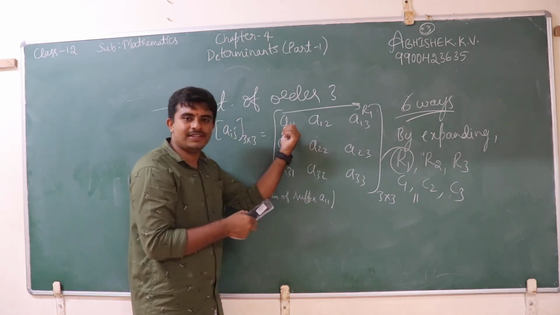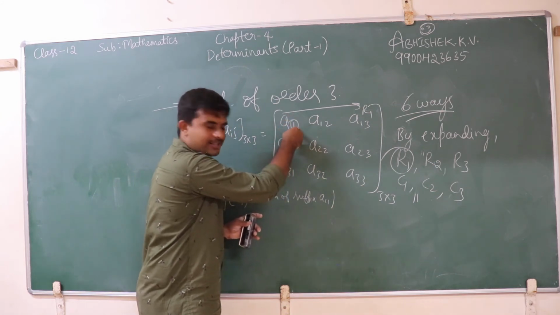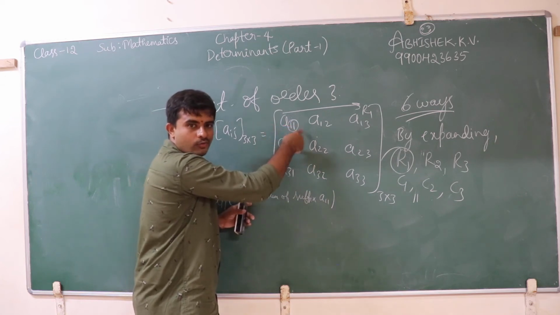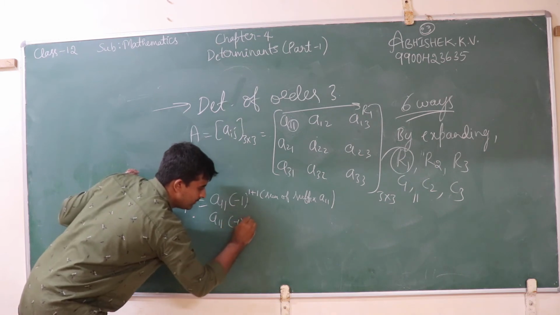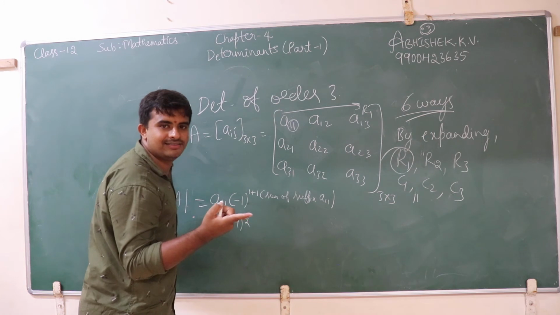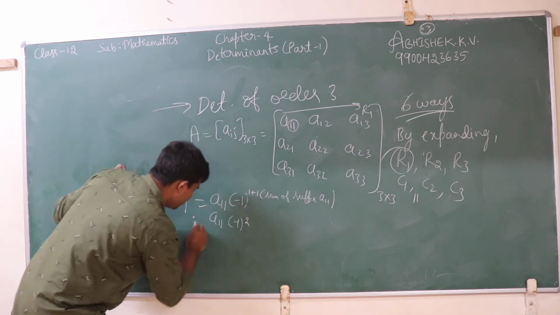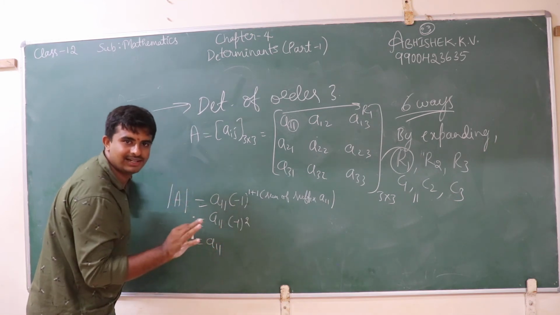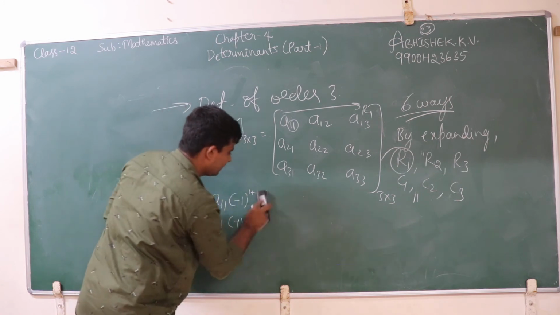What is the suffix of this element? 1 and 1. Sum of the suffix is 1 plus 1, which is 2. A11 into minus 1 to the power of 2. Minus 1 to the power of an even number is plus 1. So next step, A11 into 1. Is it clear?